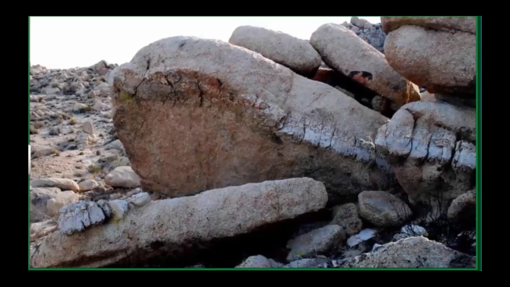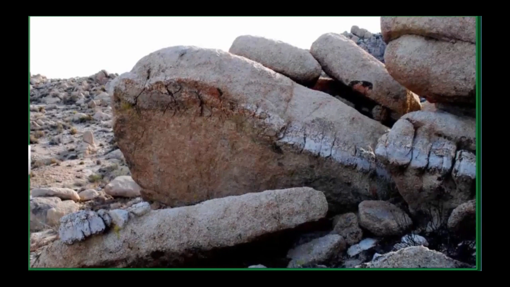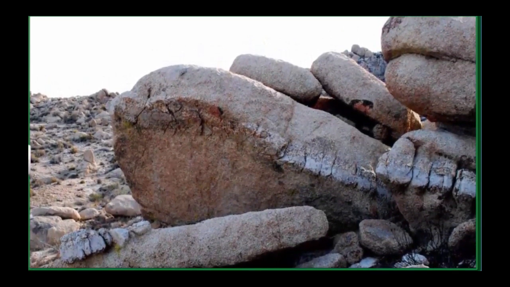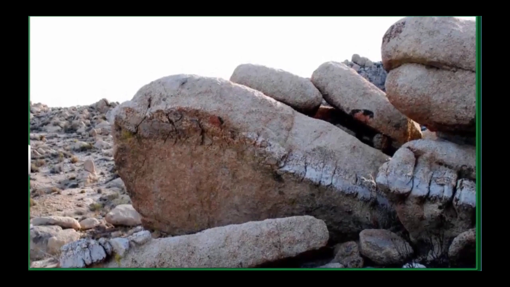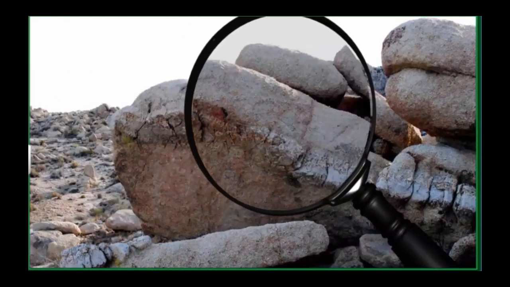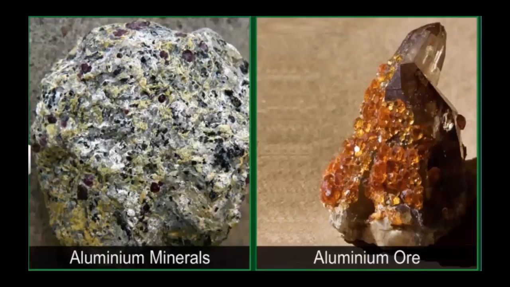If we start looking for minerals in the Earth's crust, we will find them in some very interesting formations. Let us take a look at some modes of occurrence of minerals. It is interesting to know that aluminium is found in around 150 known minerals.